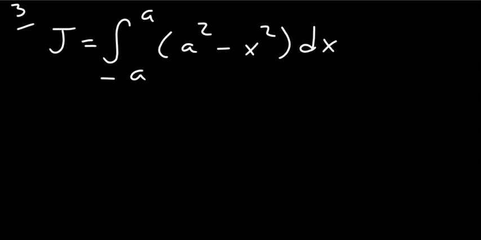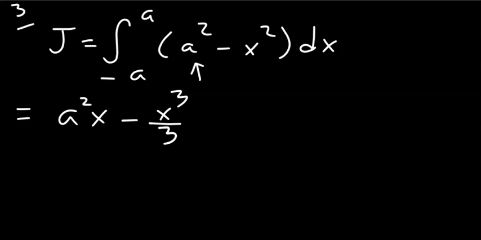Integral 3. This is also a very simple integral to do. When you integrate a squared dx, a being constant, you get a squared x. Now integrating x squared, you get x cubed over 3. Now let's substitute the limits.